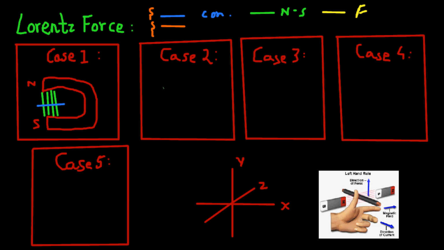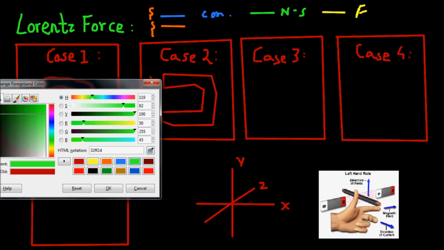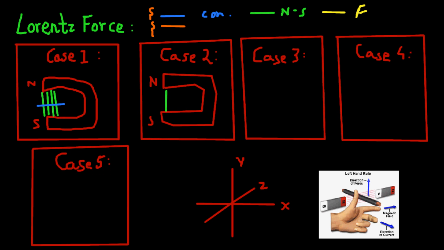Now you turn on the current. So again, north and south over here. So your field lines will remain the same. I should probably draw the arrows over here depicting north to south.